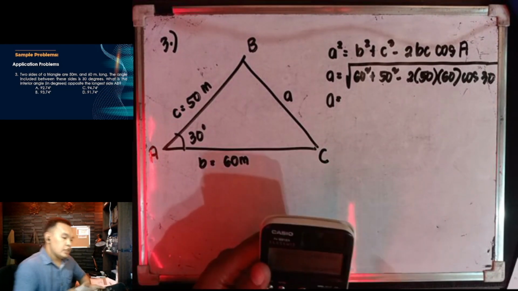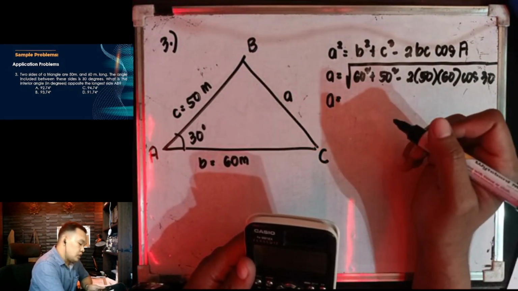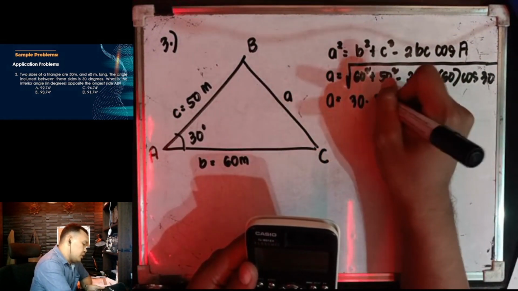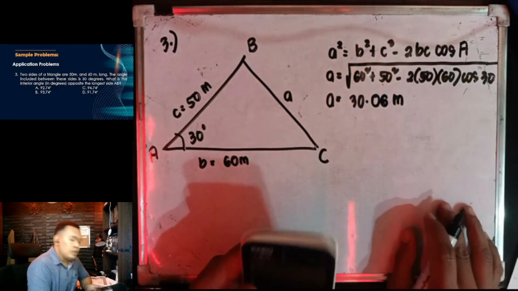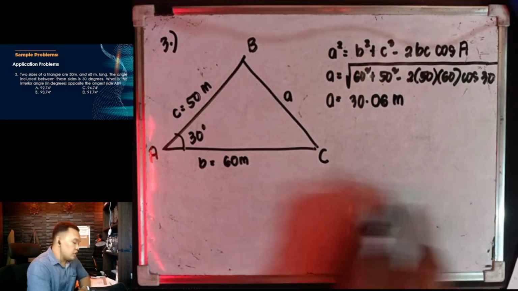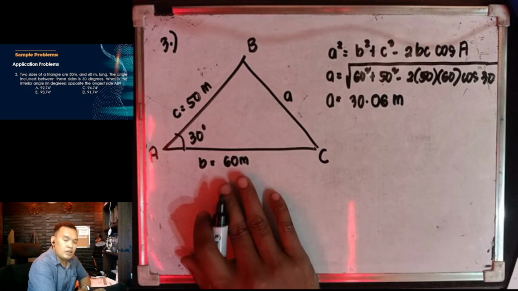So we have here 30.606 meters. Then, we could say that the longest side is itong letter B, yung side B.